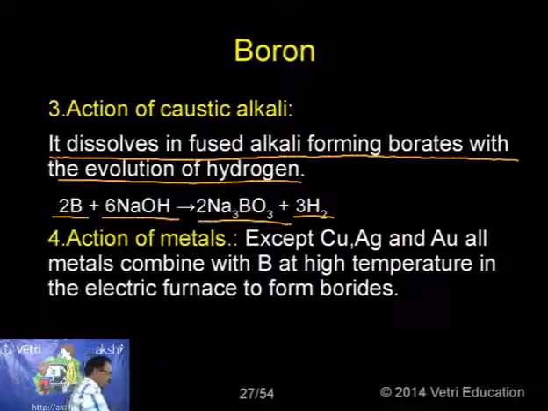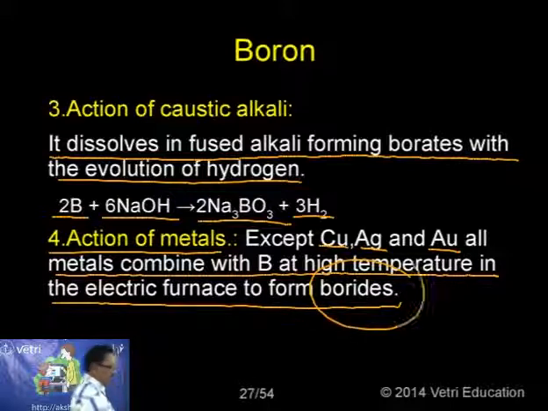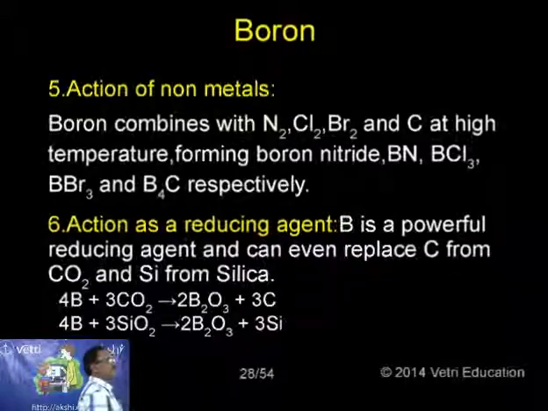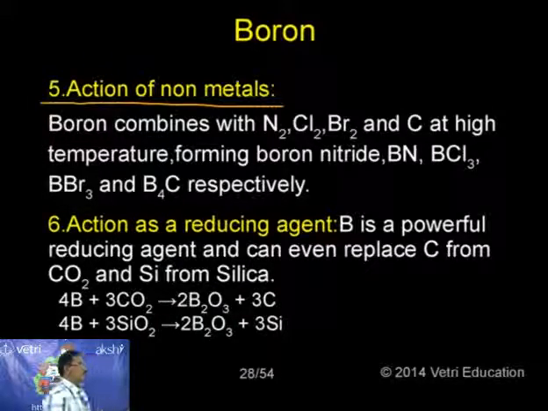The next one, action of metals. Except copper, silver and gold, all metals combine with boron at high temperature in the electric furnace to form the corresponding metallic borides. Next, action of non-metals.